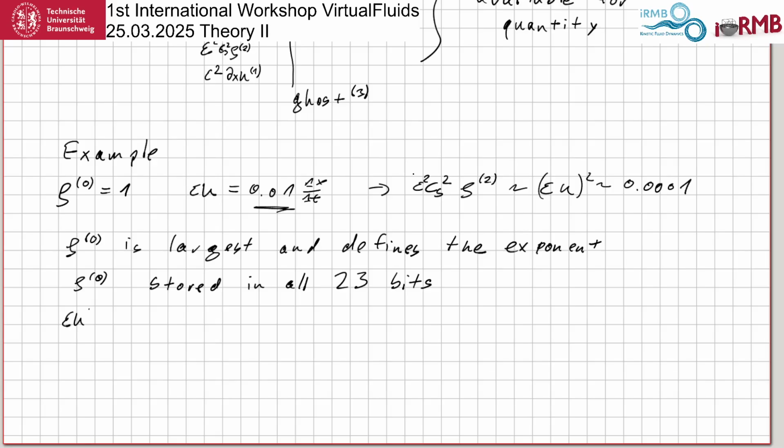So this epsilon u first, say this is 0.01, then if you write this in binary, this will be with the same exponent. That's the important part.